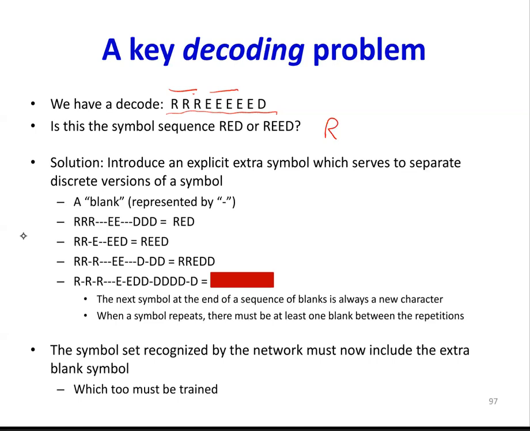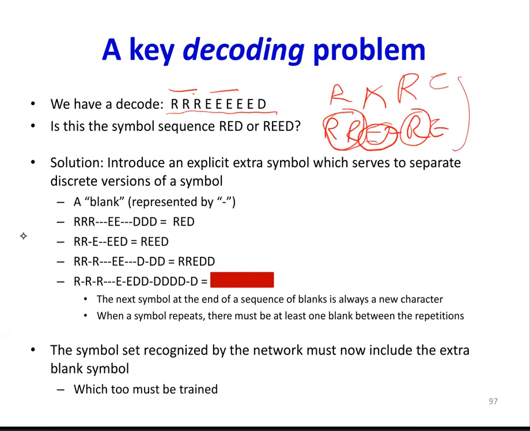If I get something of this kind, RR hyphen hyphen RE, these hyphens will not just compress and become a single hyphen, they will completely disappear. And so these two R's are going to get collapsed to an R. These hyphens will disappear, but because these hyphens separated these first two R's from the second R, it will remain. And so this is going to become RRE.